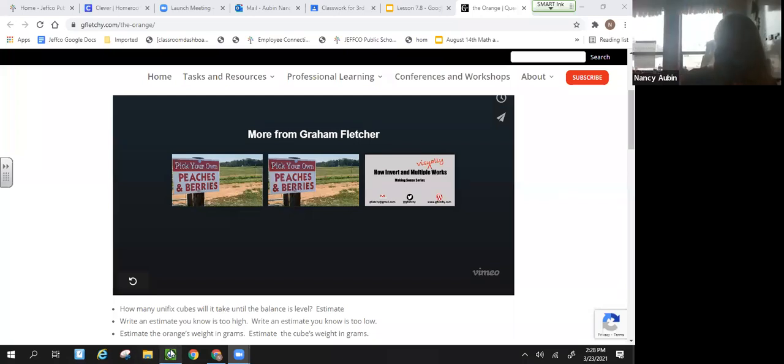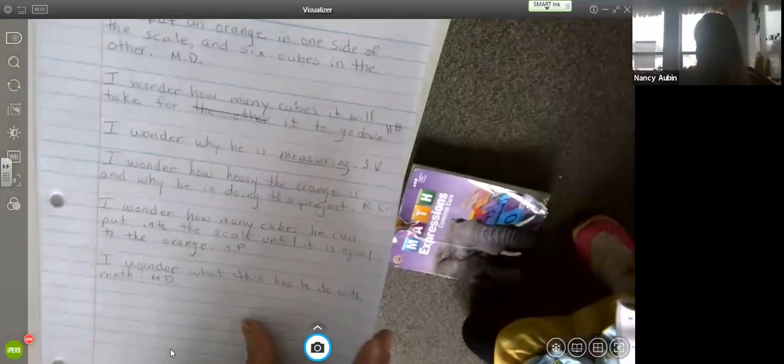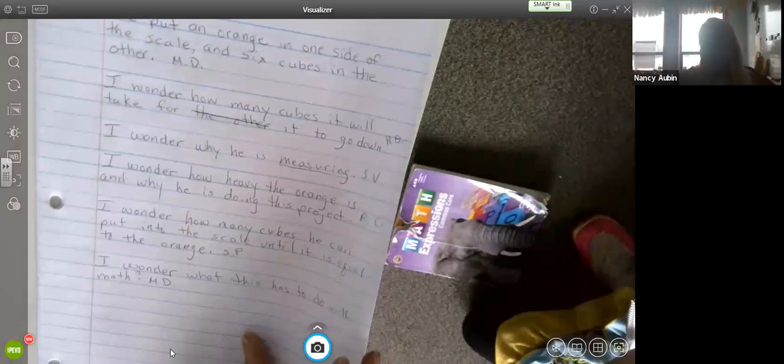I want you to estimate the weight of the orange in grams. How many grams do you think an orange would weigh? And then I want you to estimate how many grams a Unifix cube might weigh. Go ahead and write that down. So for example, in your math spiral, you could draw the cube if you want.